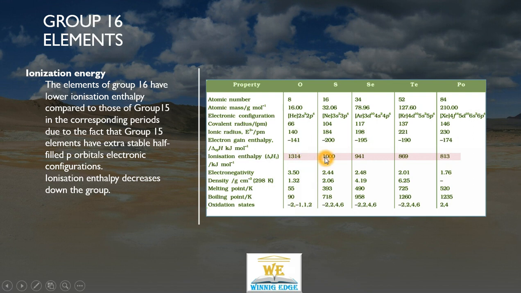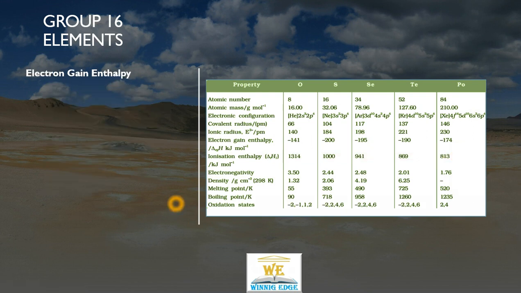So the electrons are further and further away from the nucleus, and the electrostatic attractive force between the nucleus and the outermost electron is not as strong as in the case of oxygen, which is fairly close to the nucleus. That is the reason our ionization enthalpy decreases.